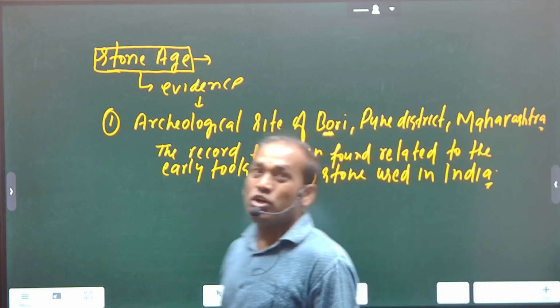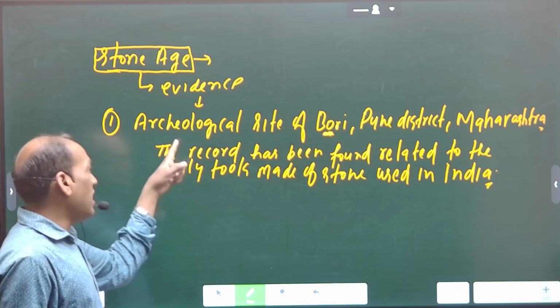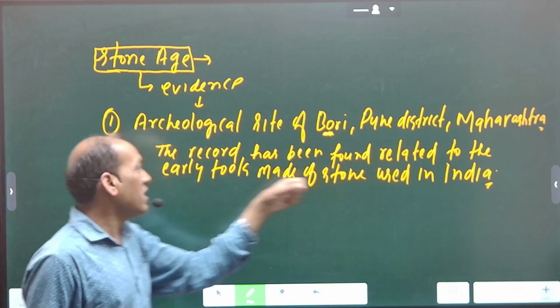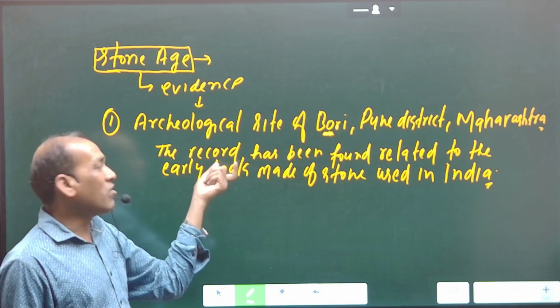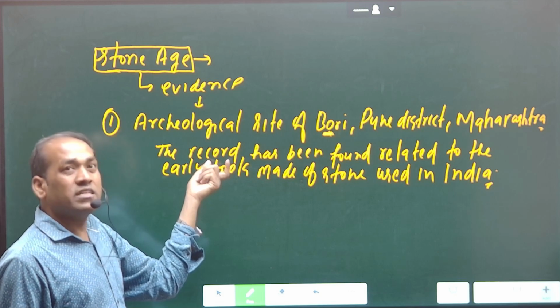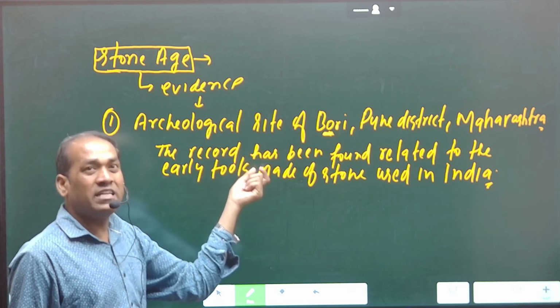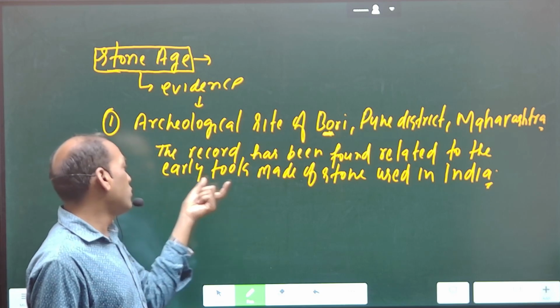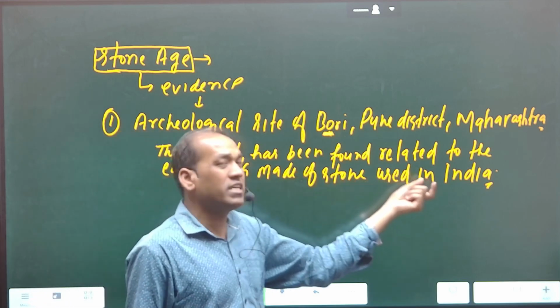So from the archaeological site of Bori, Pune district, Maharashtra, we have found the record, and the record is related to the early tools made of stone used in India.